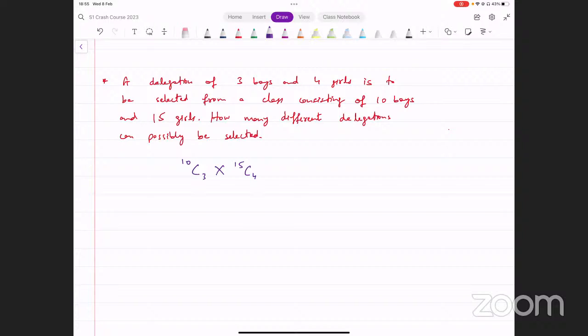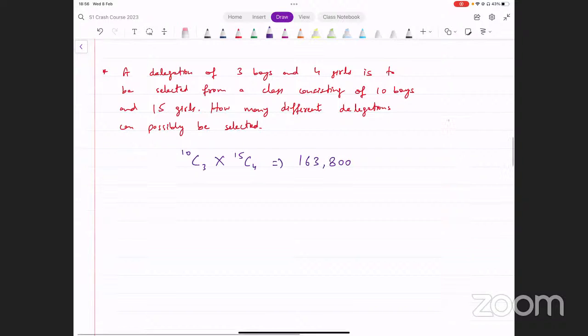You choose the boys separately, making sure that their condition is met, and you choose girls separately, making sure that their condition is also met. So that's 10C3 into 15C4, and that's going to give you the result. This gives me 163,000. That's the total number of possible delegations you could have out of these 25 people, given that these conditions are met. All right, let's take another example.